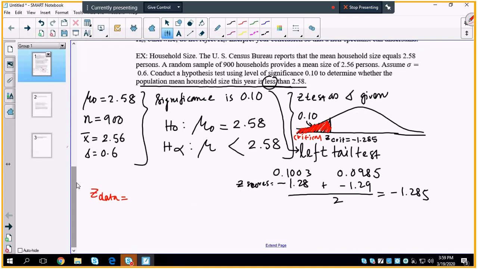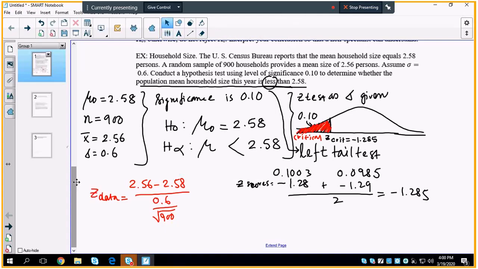The new sample mean is 2.56 minus the old mean 2.58, over sigma, which is 0.6, all over square root of the sample size 900. So this is what I'm trying to find out as the Z data. And of course, I'm going to use the calculator to understand this quantity. So let's see what we get.